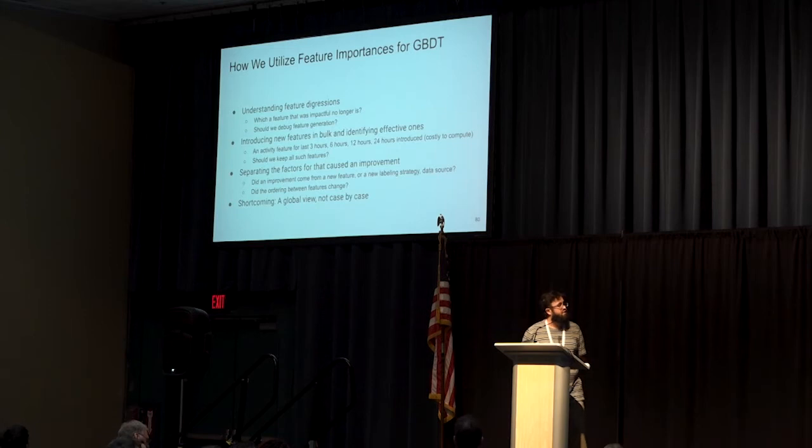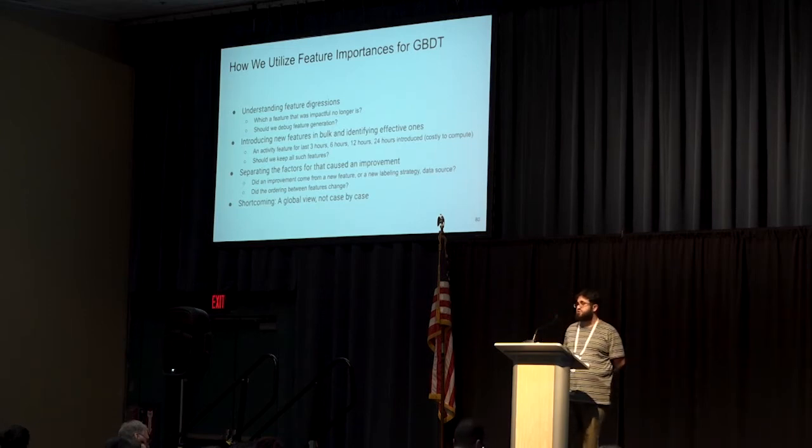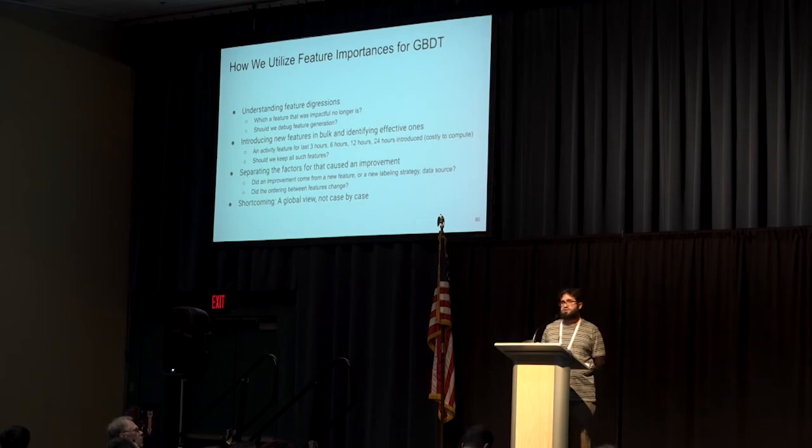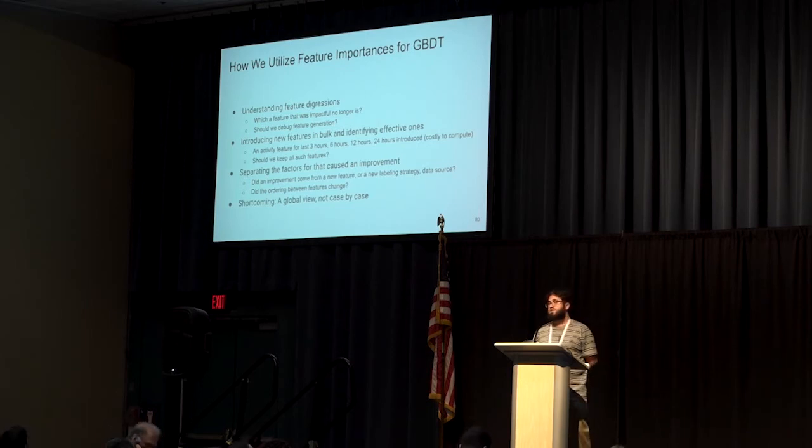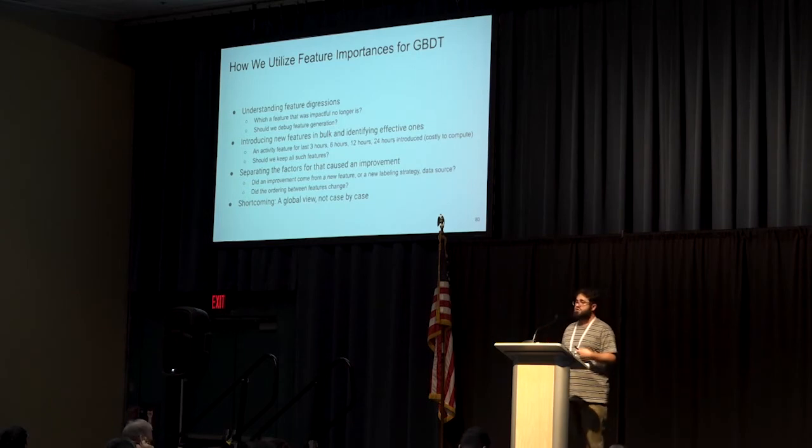So there are 4 points. One is we definitely want to understand feature regressions. Suppose you have used a specific feature some days or weeks ago, and then you realize in the ordering of the importance that this feature is no longer being picked up. This is interesting because even intuitively, you know this feature might be relevant to the performance of candidate selection and the feedback that we get in terms of in-mail sends and accepts.